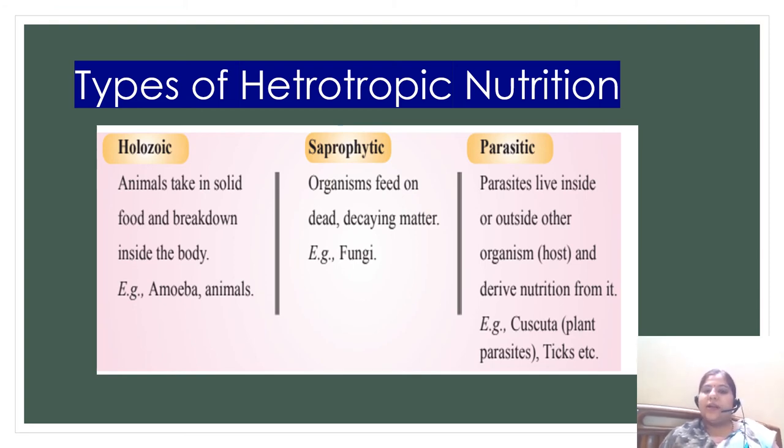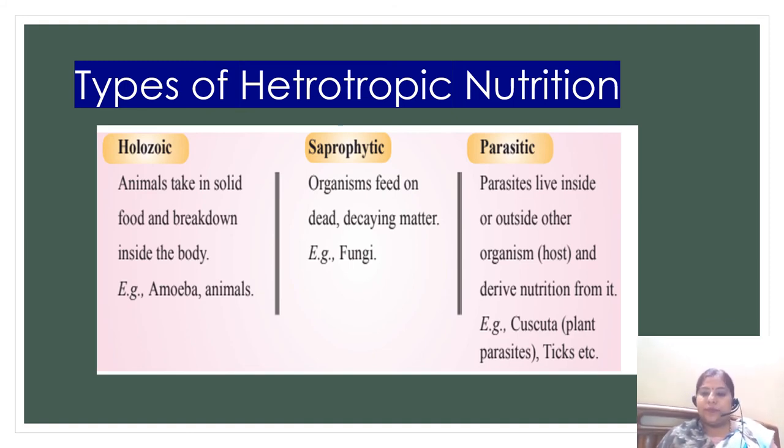In this, we take solid food inside, and with the help of enzymes in our body, food is broken down into simpler substances. Such type of nutrition is called holozoic nutrition. Examples are amoeba, which is a unicellular organism, and animals. Animals include human beings also.